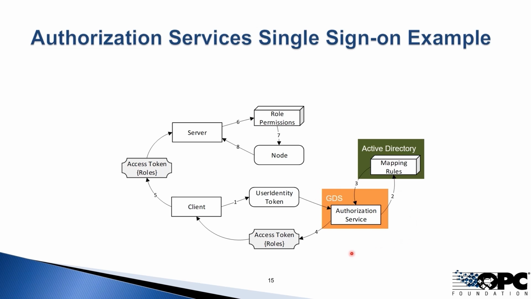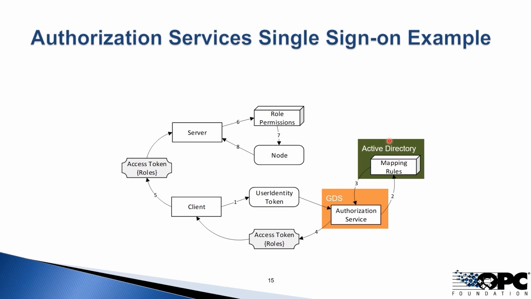The GDS is the OPC UA component, the centralized component that's running the authorization service that's used as an intermediary so that the client and the server can talk to the GDS using OPC UA mechanisms, and they're shielded from the specific back end APIs for Active Directory.